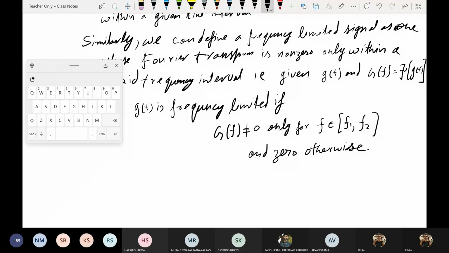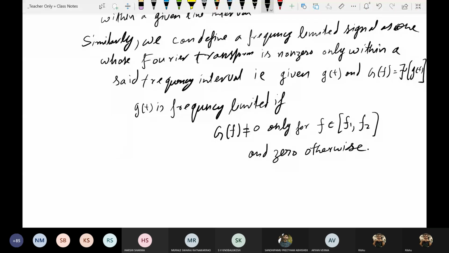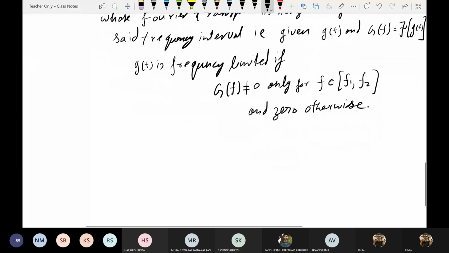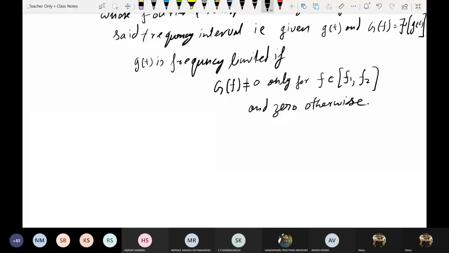Now the question is, can a signal be both time limited and frequency limited?